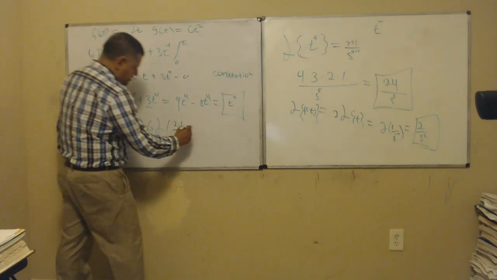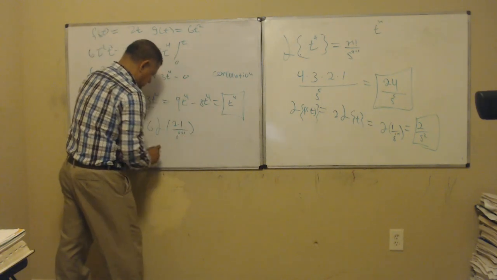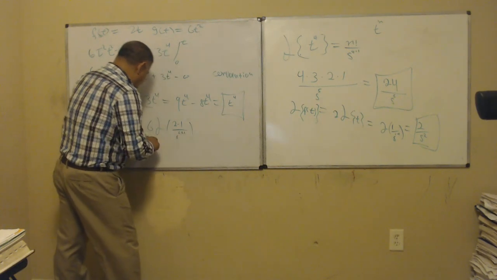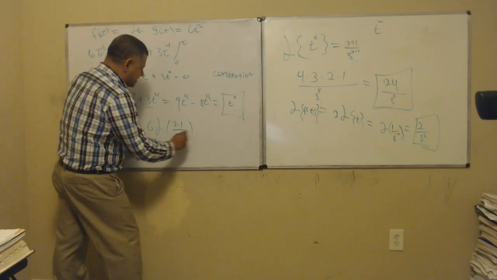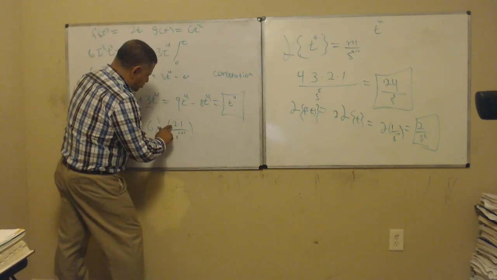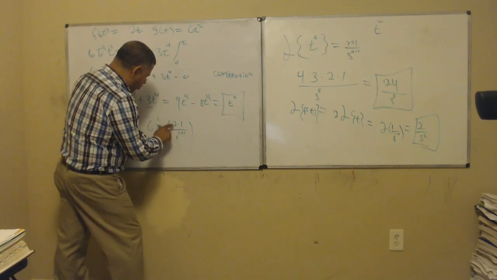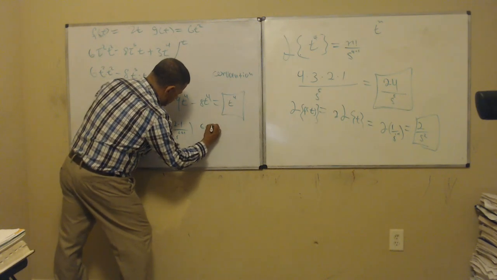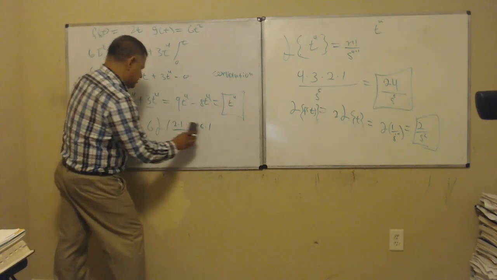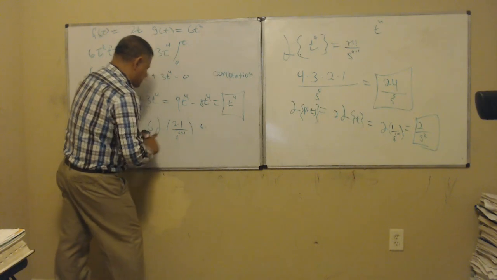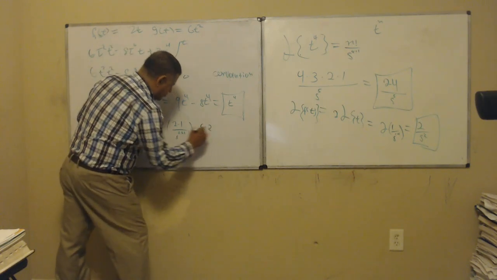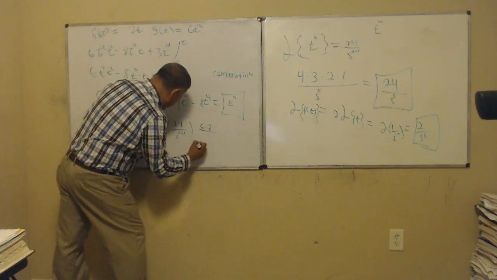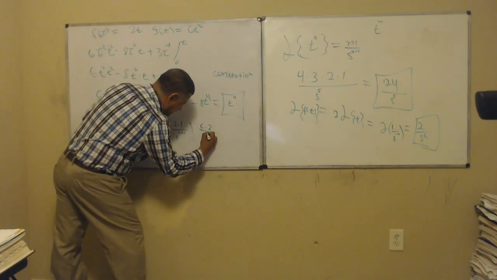So now when I take the Laplace transform of that, this guy is going to be 12. So it's going to be 6 times 2, right? 2 factorial is 2, over s cubed.